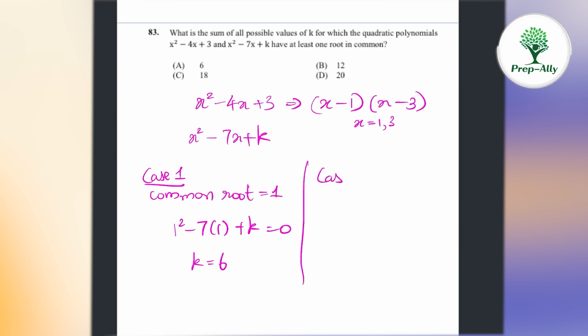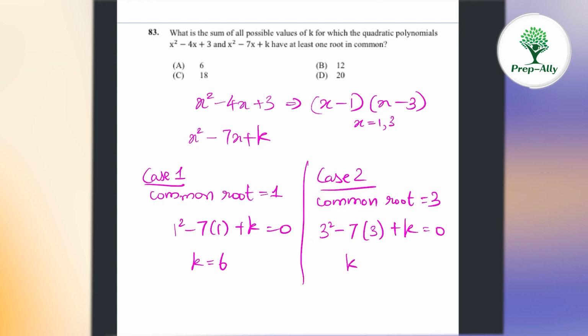Case 2, common root equals 3, then we have 3 squared minus 7 times 3 plus k equals 0, and k equals 12. So the sum of all possible values of k is 6 plus 12, which is 18.